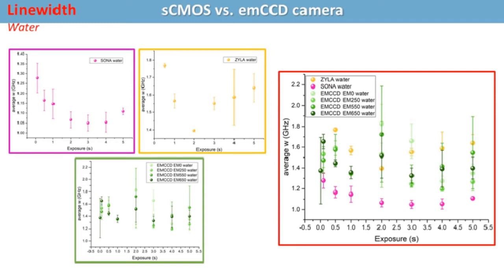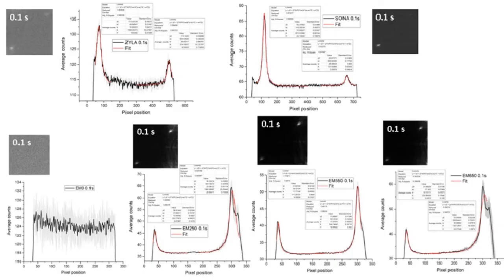Of course, if you can increase your dwell time, obviously you get closer to what this line width is. But obviously, Sona is definitely the best performing one. But bear in mind that with EMCCD at high gain, you can achieve very fast acquisition rates of the order of milliseconds, while for the others you need to go more like hundreds of milliseconds, as is shown in this slide.